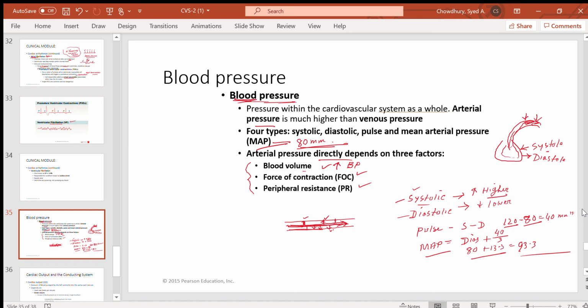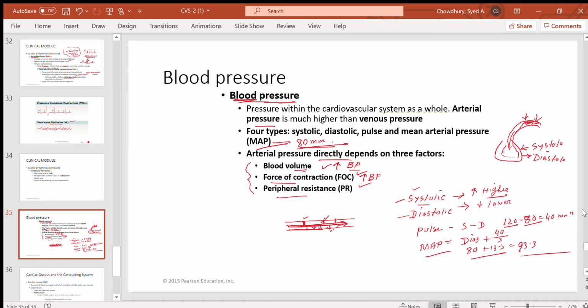So more blood volume, more blood pressure. Okay, force of contraction. If the ventricle contracts more forcefully, then the blood pressure will go up, because more blood will get out. Cardiac output will be more, right? So output of blood will be more.